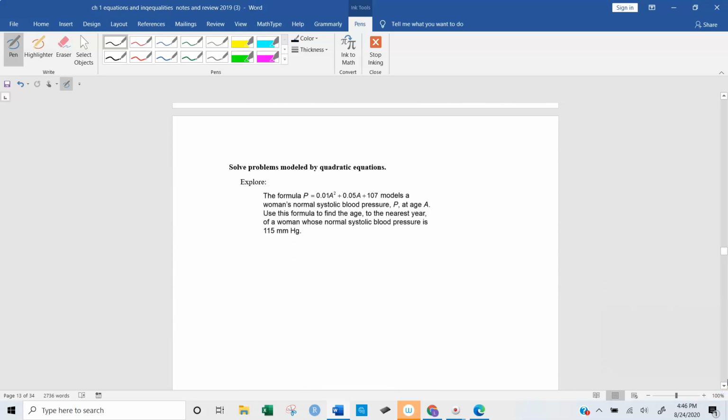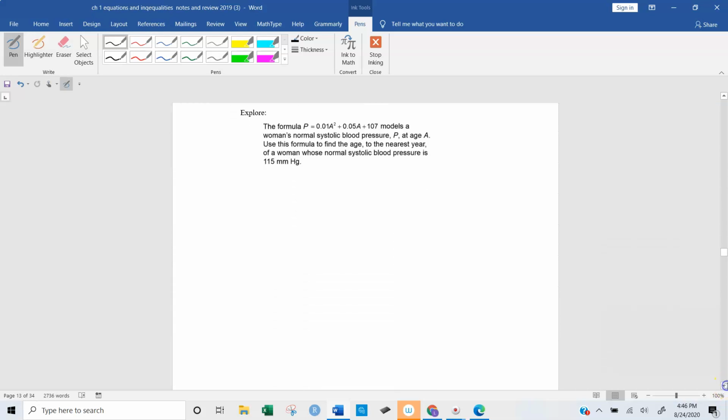Okay, story problem. Pause and see if you can get this guy done. All right, what do you know? They gave you the formula, which is P equals 0.01a squared plus 0.05a plus 107. So I've got the formula. Woman's blood pressure. So I know that the blood pressure is what P stands for.